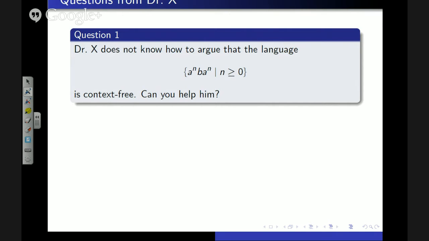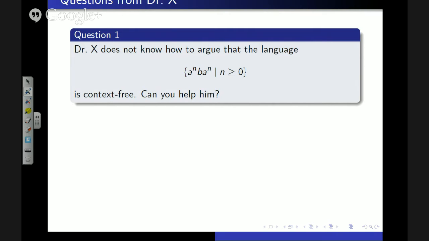Note, the number of A's that follows the B should be exactly the same as the number of A's that precedes the B. Now, the claim that I made on the slides was that this language is a context-free language. Now, context-free languages are languages at a low level of the Chomsky hierarchy. They are not the lowest level, but at a low level. Can you help Dr. X figure out why this language is context-free?